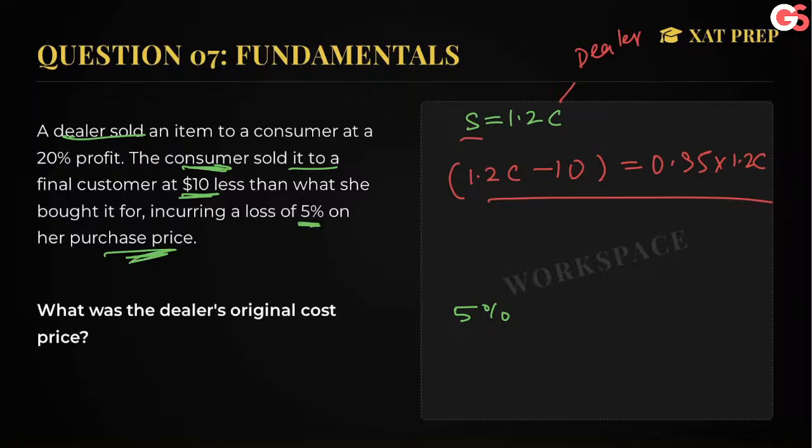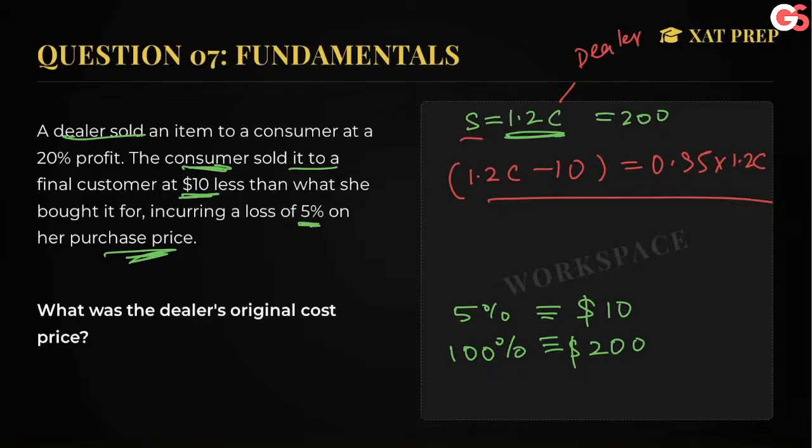So 5% is equivalent to $10, right? Which means 100%. What is 5%? 1 by 20. So 100% will be $200. So she would have bought it for $200. Is that clear? Now it means this 1.2, see this guy is 200. So do you understand that?